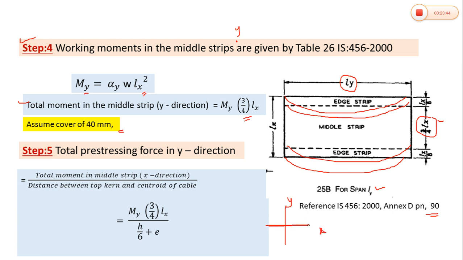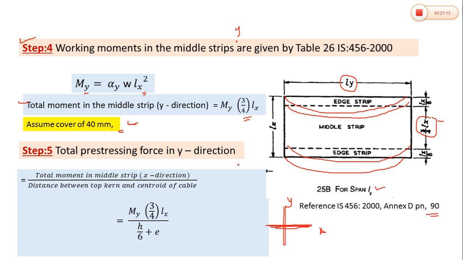If we provide the strands in x direction with cover 30 mm, and if you provide the strands of the cable in y direction, they are at the same level. It is going to overlap. So to take care of that overlap, we provided more cover to the cable, that is 40 mm.